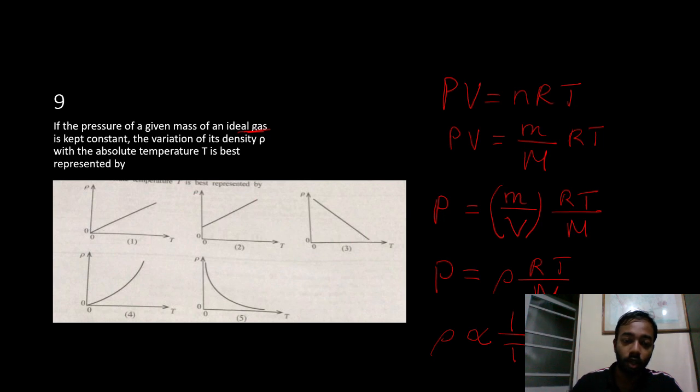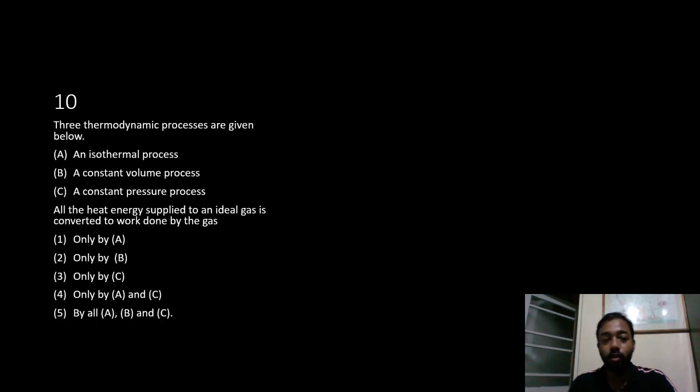So the graph will take the form of answer number 5, because when the temperature is increased, the density should get reduced. Right.